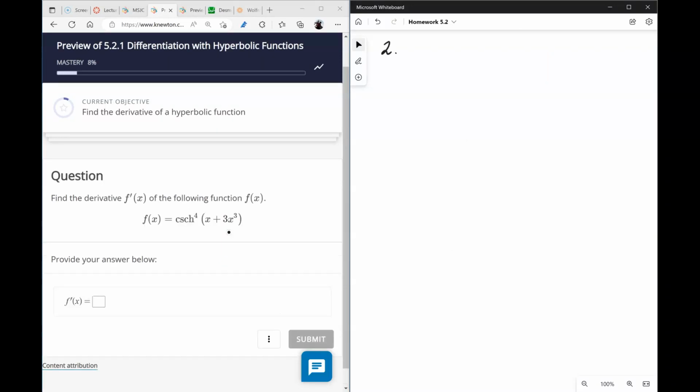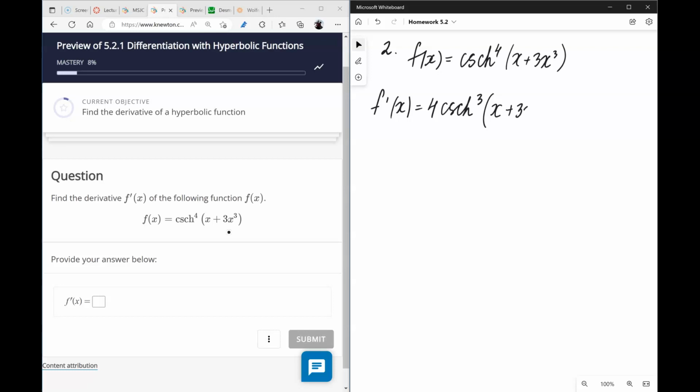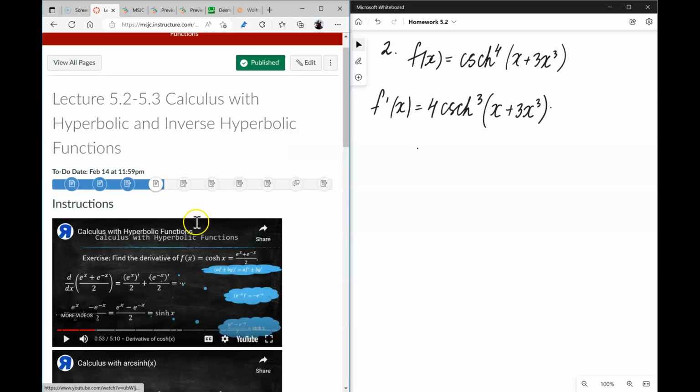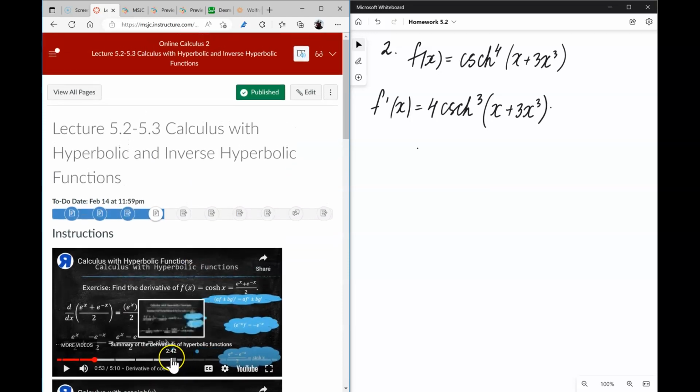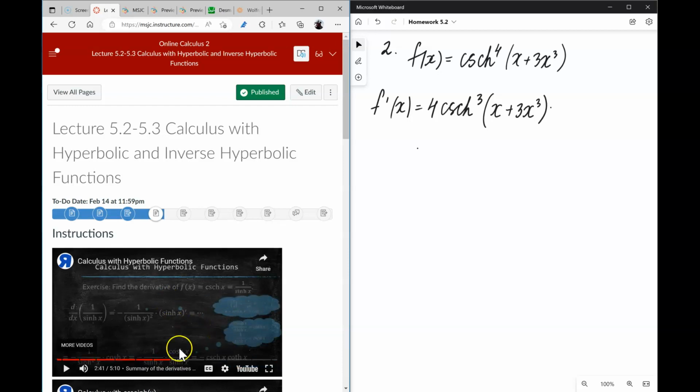So the next problem, we have hyperbolic cosecant. As long as we know the derivative of hyperbolic cosecant, we should be fine. So derivative of f will be 4 times hyperbolic cosecant cubed. That's us applying the power rule to the outermost function. Then we multiply by the derivative of hyperbolic cosecant, which is right over here.